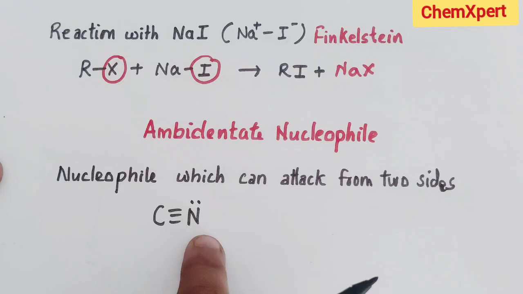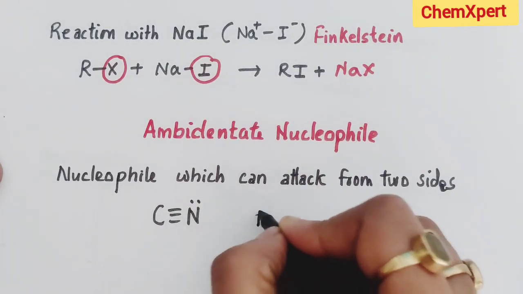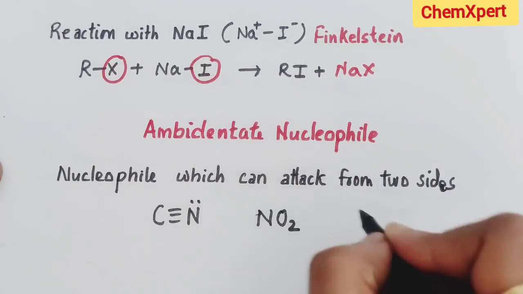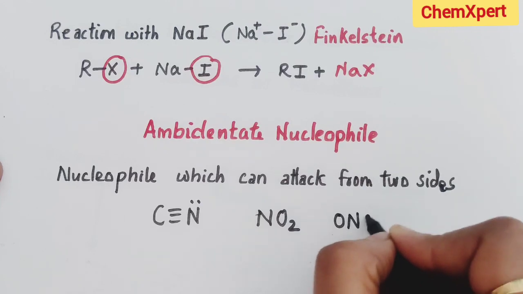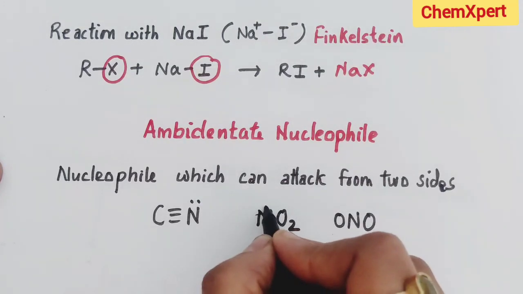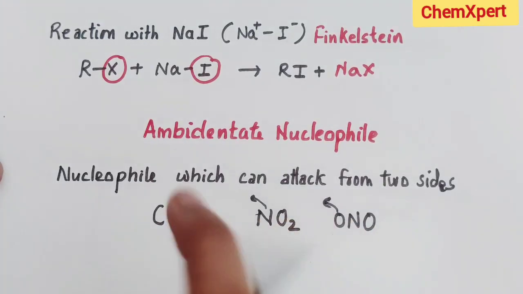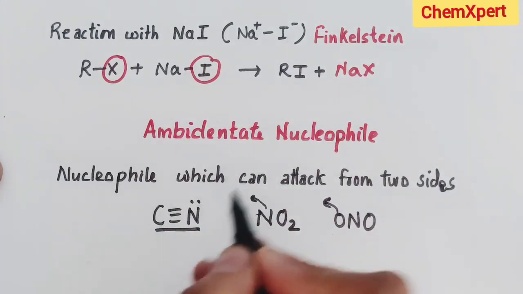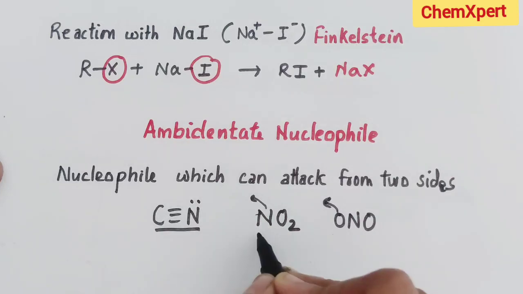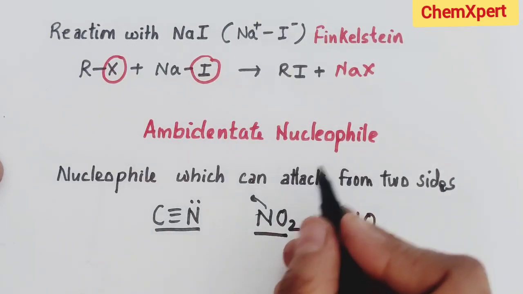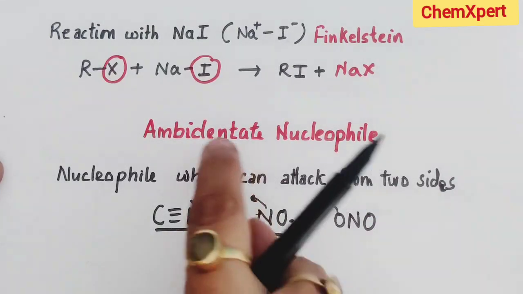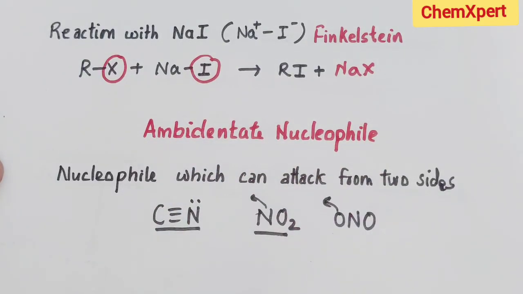So there are two attacking sides. Similarly in case of NO2, we can write NO2 like ONO. So here it can attack from N also, and it can attack from O also. The same nucleophile which can attack from both sides, that is N or O, is known as an ambidentate nucleophile.